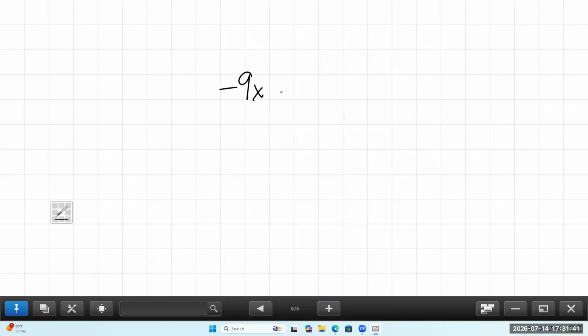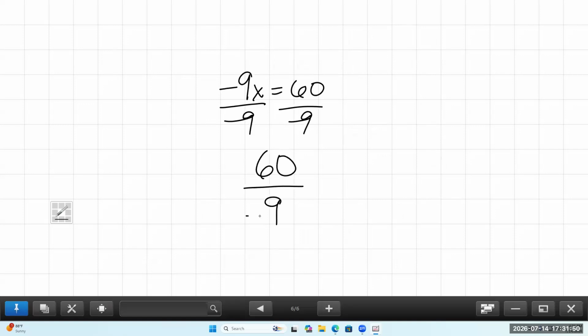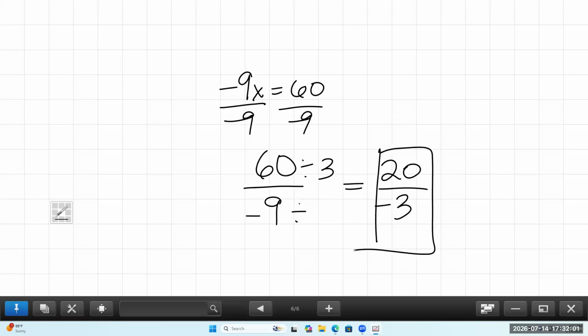Negative 9x is equal to 60 divided by negative 9. If we have 60 over 9, we have to simplify both of these. It becomes 20 over negative 3. And in this case, we stop there.